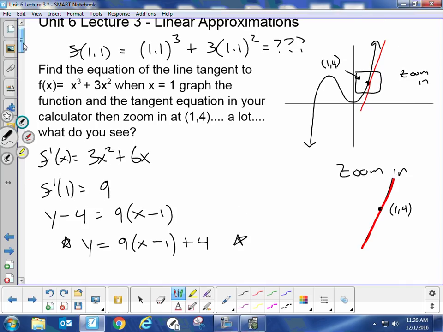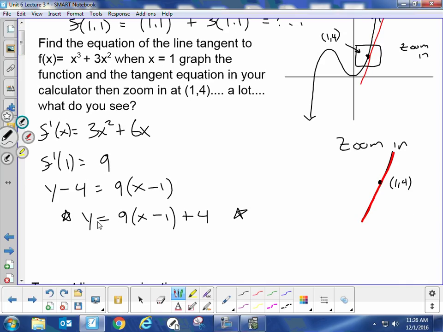We are already in kind of the form that we want to be in. I can use this to approximate f of 1.1 by plugging in 1.1 for x.